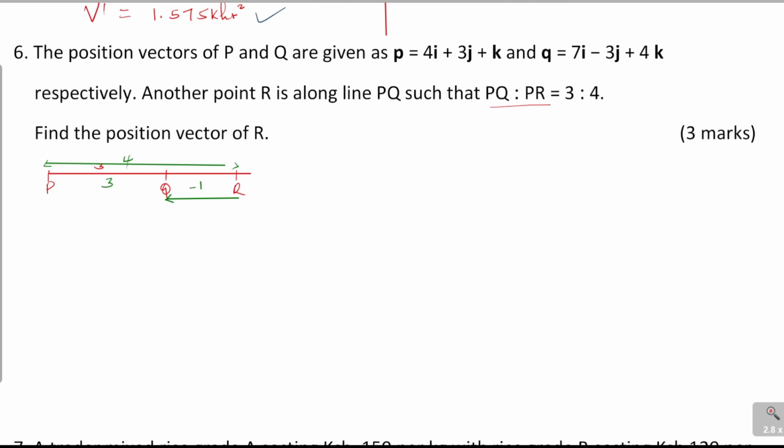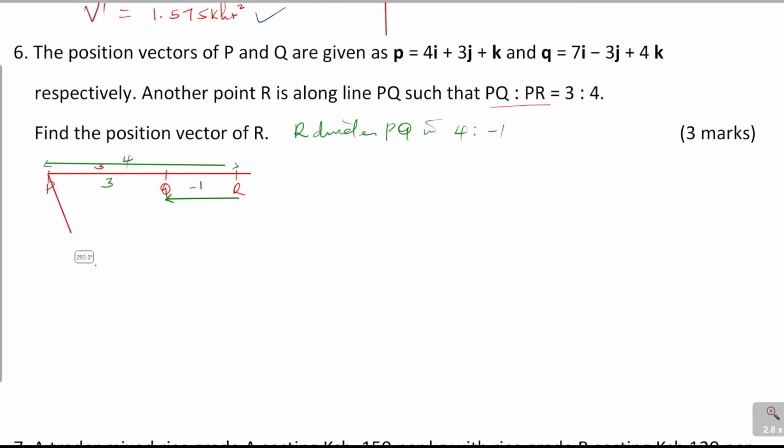So we can say that R divides PQ in the ratio 4:1. That is external division.